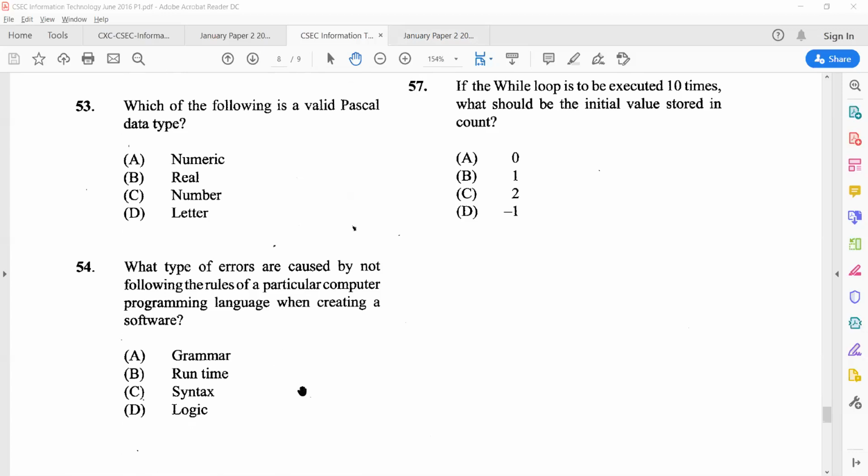What about 54? What type of errors are caused by not following the rules of a particular computer programming language when creating the software? Grammar, runtime, syntax, or logic? What's the answer? 54.